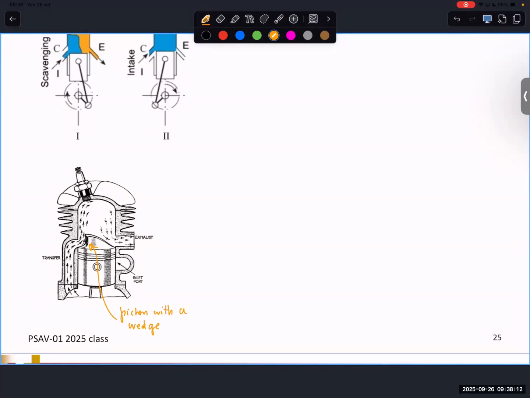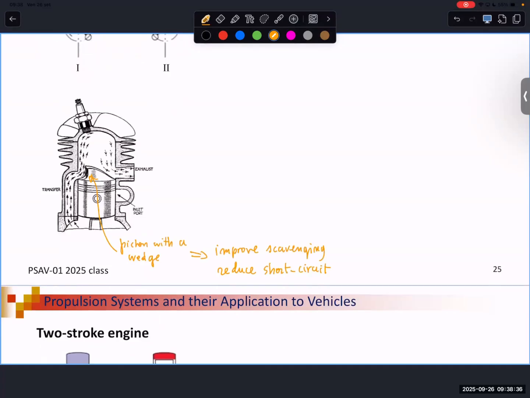And this is used to improve the scavenging, and in particular, reduce what is called short circuit. With the short circuit, taken from electronics, we mean that the fresh charge goes directly to the exhaust instead of staying inside the cylinder.